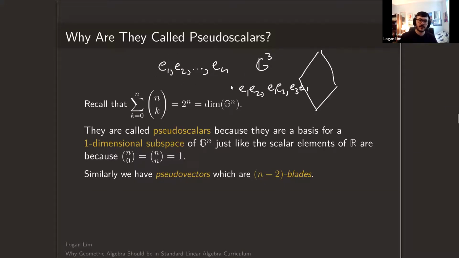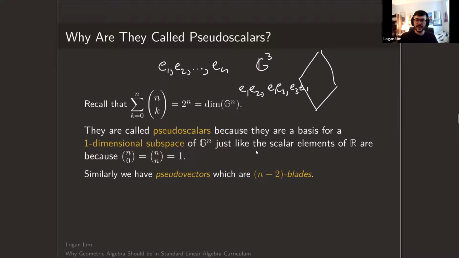It's a result of choosing two of these component vectors in G3. And we can form any plane from that representation. So every two-dimensional subspace of R3 can be represented as a linear combination of these. And so that's another reason why the dimension of Gn is 2 to the n.